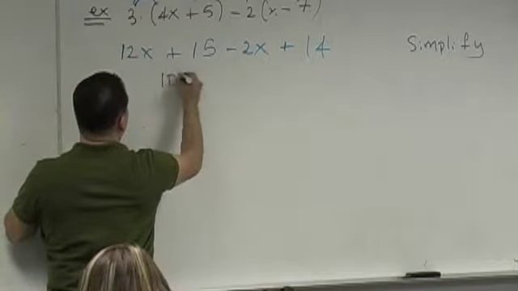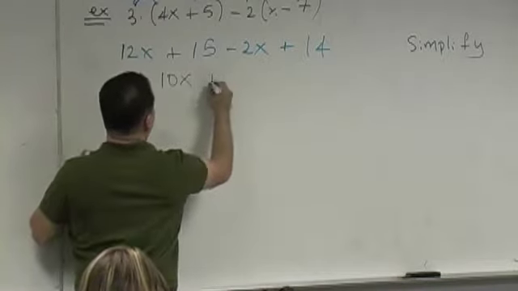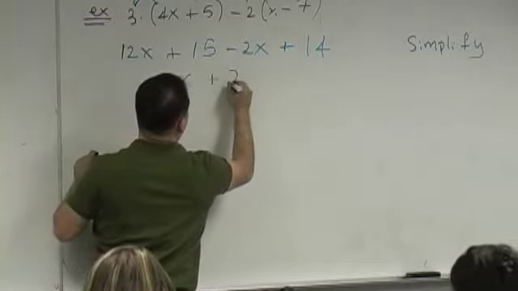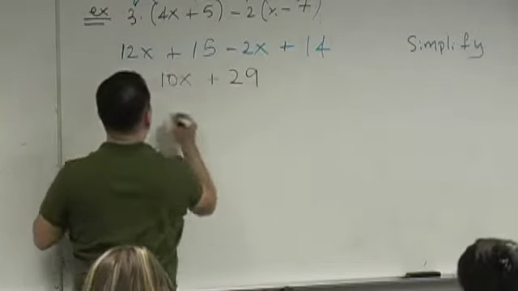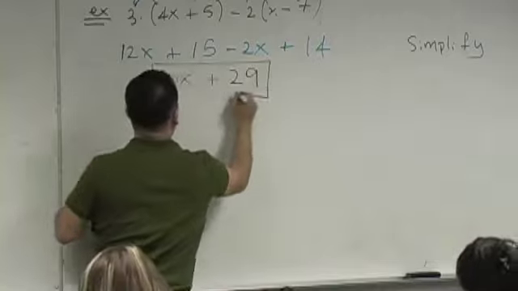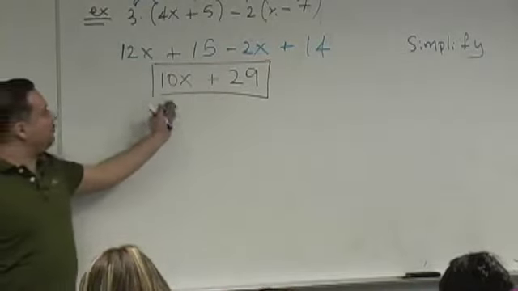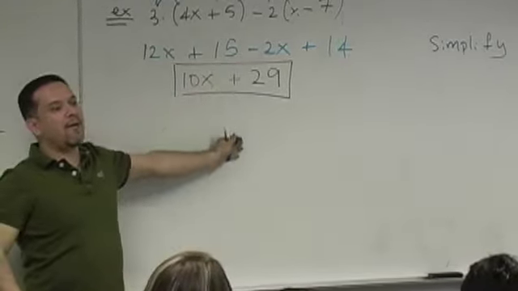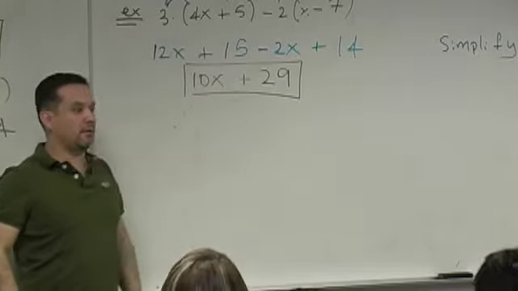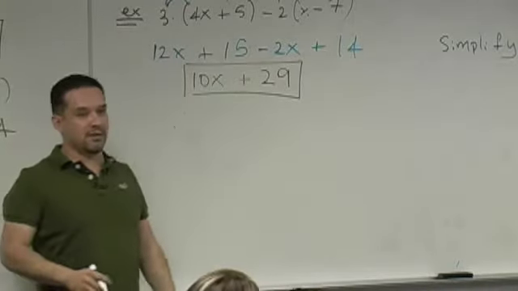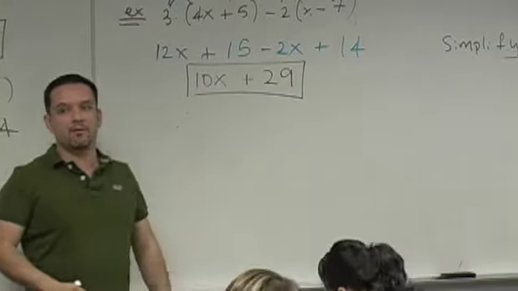Good, you got 10 apples. And how much money do you have? Is it 19? 29. Good. Doesn't that look simpler? You have simplified. And that'll be your instructions to simplify these terms.